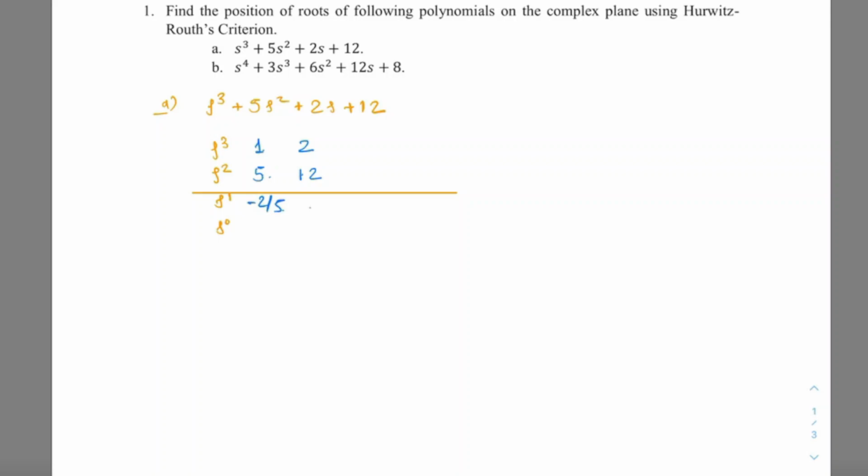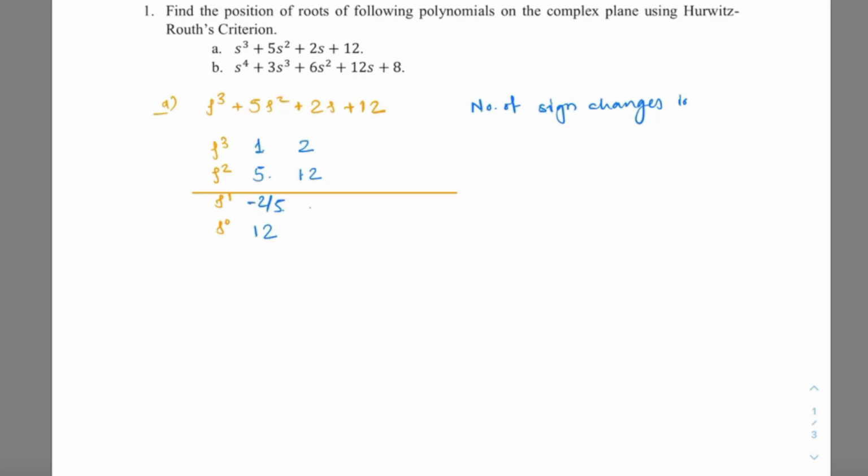So let us count the number of sign changes in the first column. There is one sign change when we go from plus 5 to minus 2 over 5, and there is one more sign change when we go from minus 2 over 5 to 12. So the number of sign changes in total is 2. What does this imply?